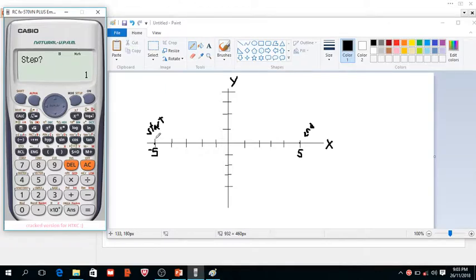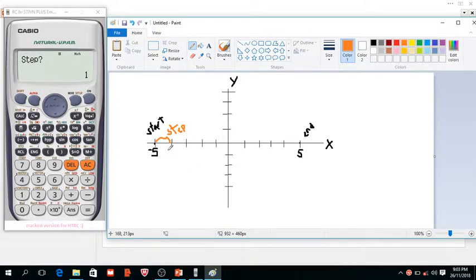So this is what we call the interval. So in my case, I want it to be 1.